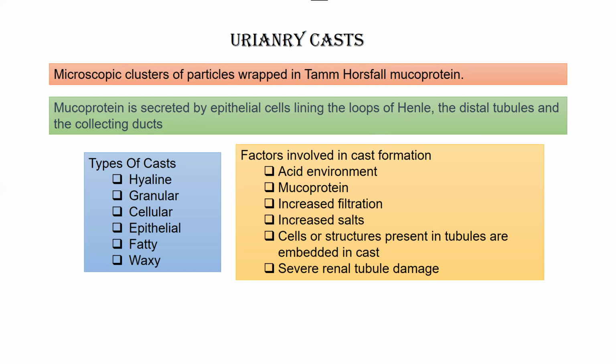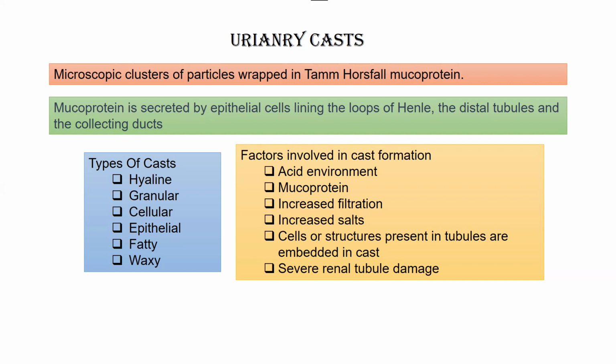Basically, this mucoprotein is secreted by epithelial cell linings of the loop of Henle, the distal tubules, and the collecting ducts. And that is why these are the regions in which the casts will form.